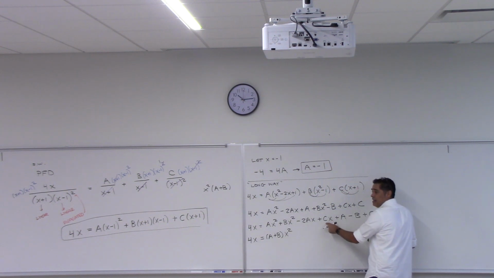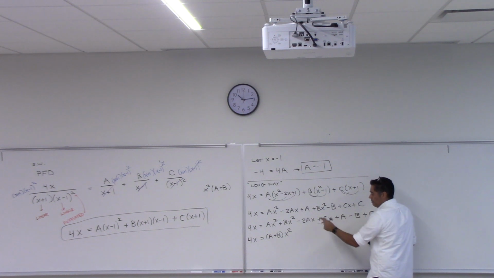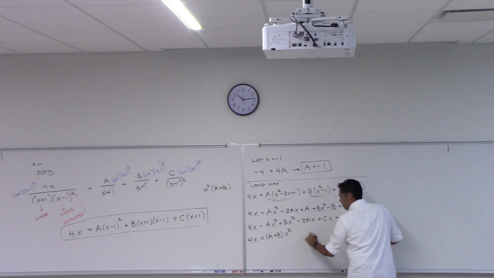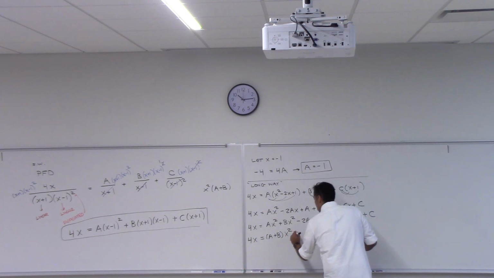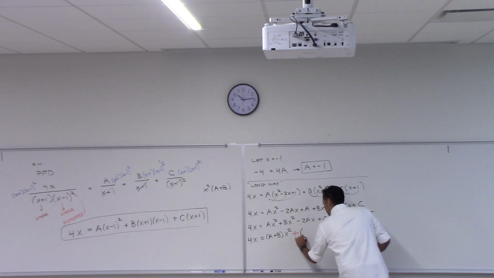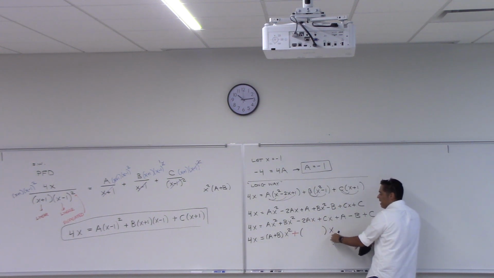And then on these two, see these both have an x? I'm going to pull the x out of these, and I'm going to pull it to the back instead of out front. Now, you have to pay attention. I'm going to put it in red because it's very important. I'm going to put plus here. Always, I'm going to put plus. And then in parentheses, I'm pulling the x out of both these, pulling it off to the back side.